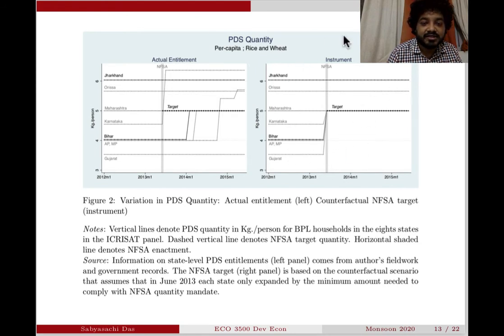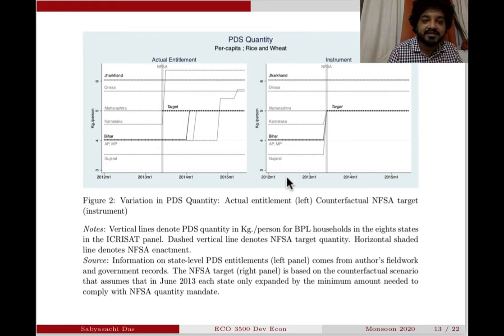So in the instrumental variable where you are calculating the simulated quantity, you are basically applying the rule. You are saying what it would look like if everybody follows the rule to its exact specification. So then Gujarat would also change, Bihar would, and AP and MP would also change, but change to the exact target level in 2013 and stay there.